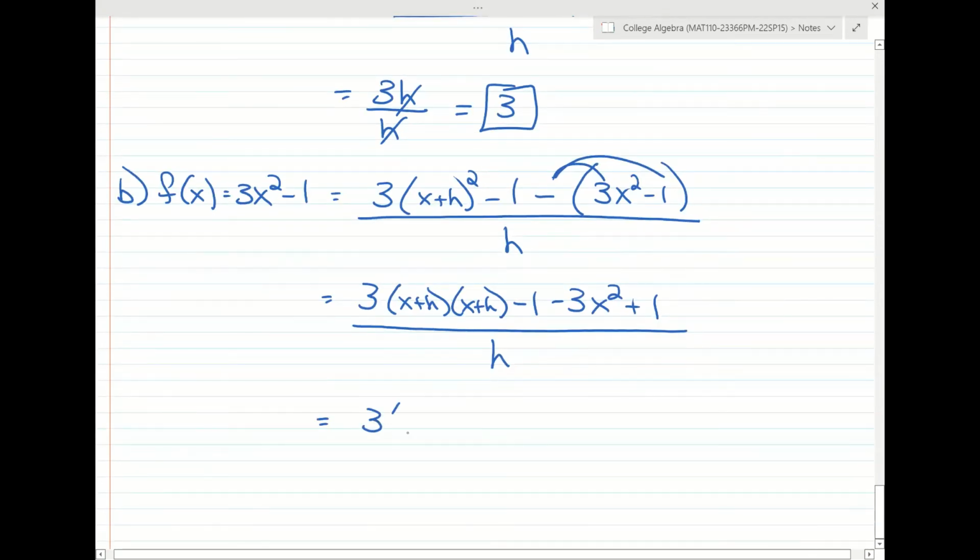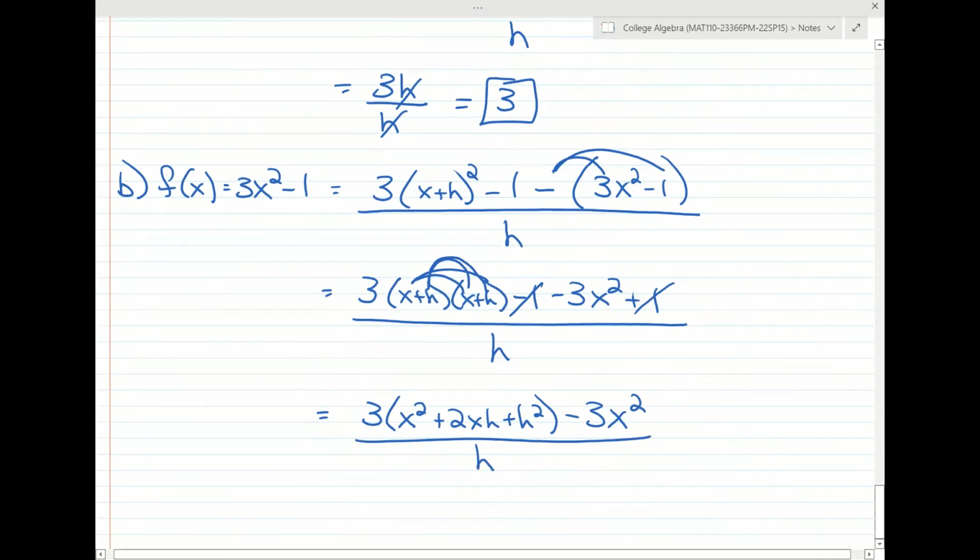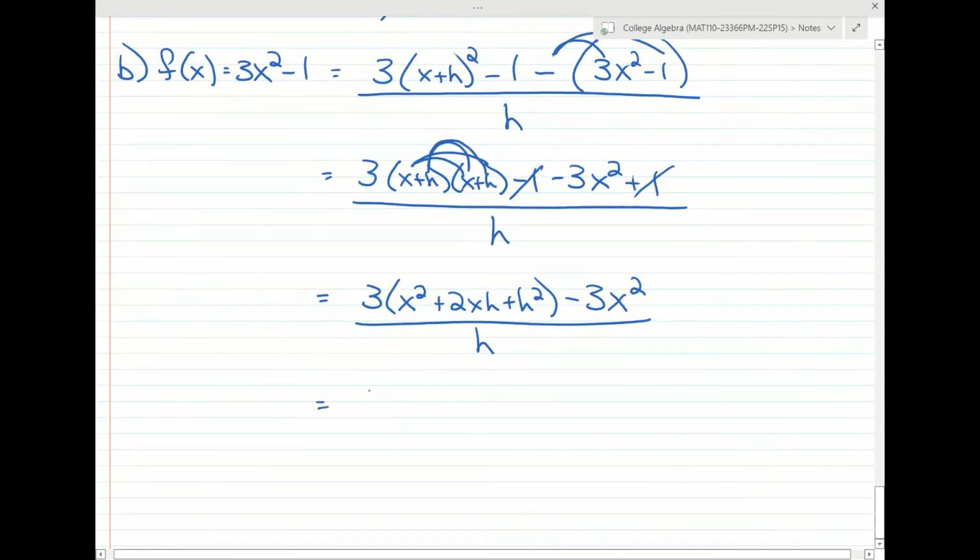This would be 3 times x squared plus xh plus xh plus h squared, and minus 1 plus 1 cancel. Have to simplify. This gives us 3x squared plus 6xh plus 3h squared minus 3x squared all over h.